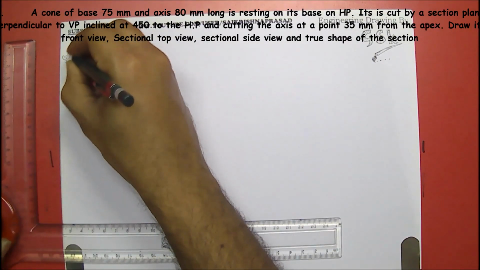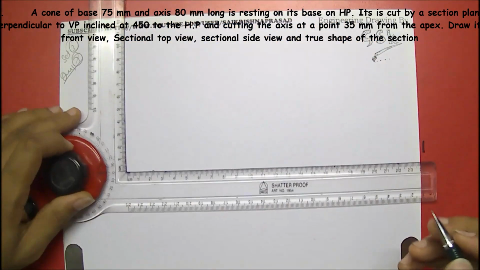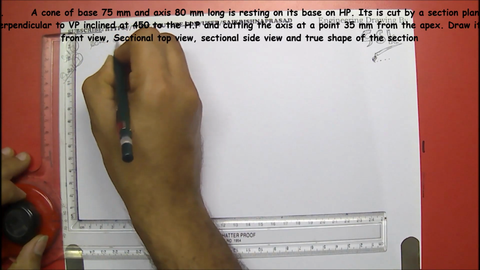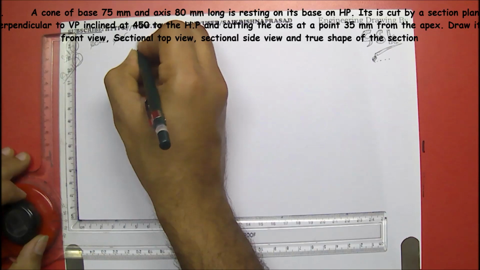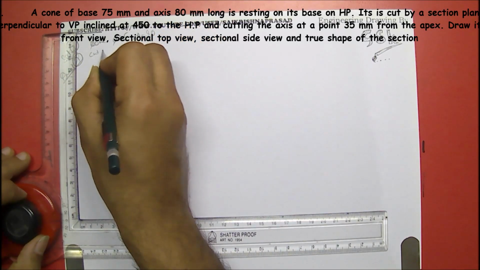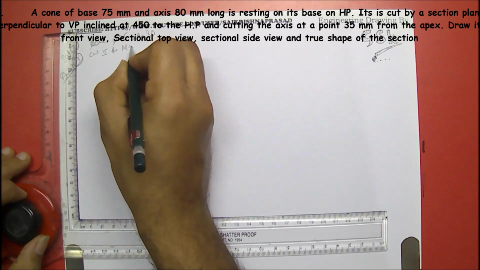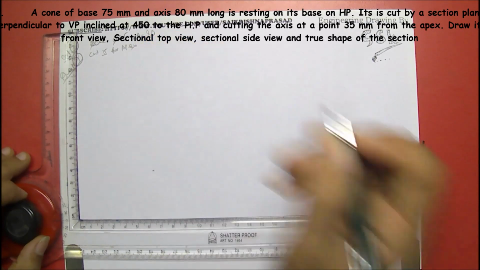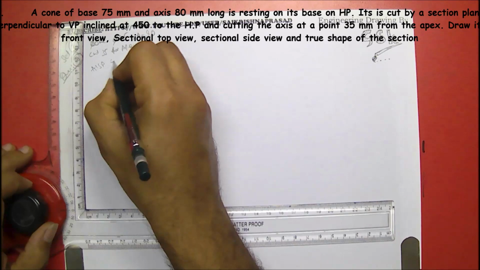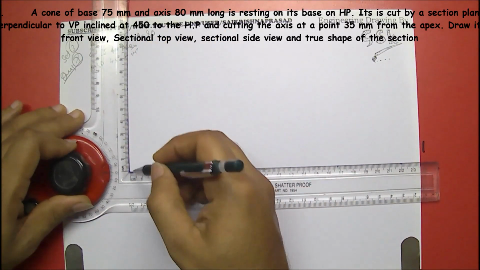So this is set 3, question 7. Let's start the problem. Cone diameter 75, axis 80, cutting at 35 from apex, right? By auxiliary inclined section plane 45 degrees to the HP. So let's start the problem.